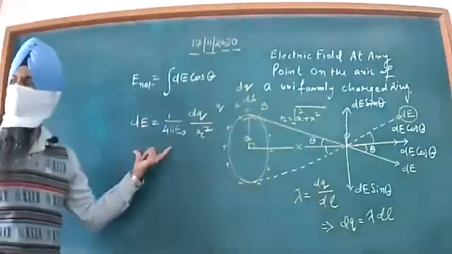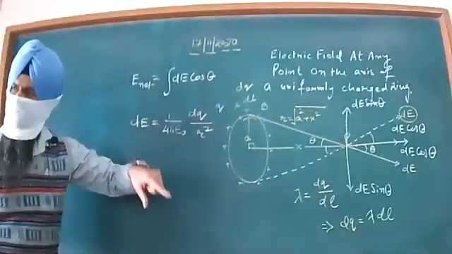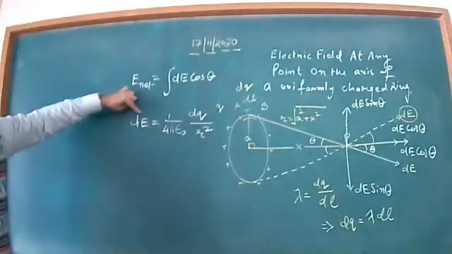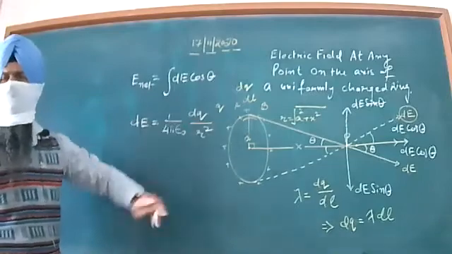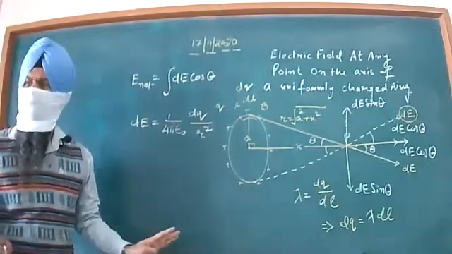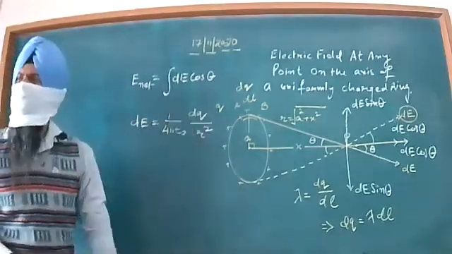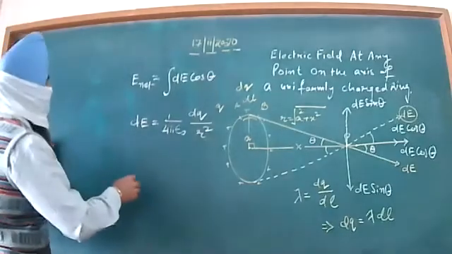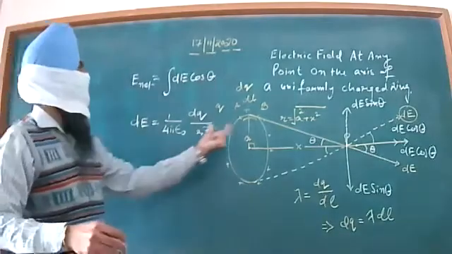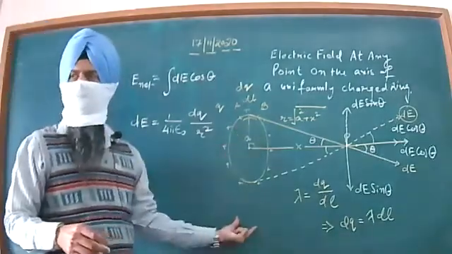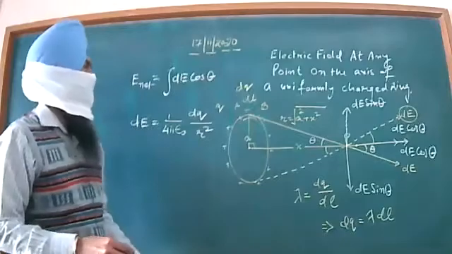This is in terms of magnitude. And if I want to add the direction, I will add the vector r cap here, but I feel no need to do that because we will be doing it in the end.